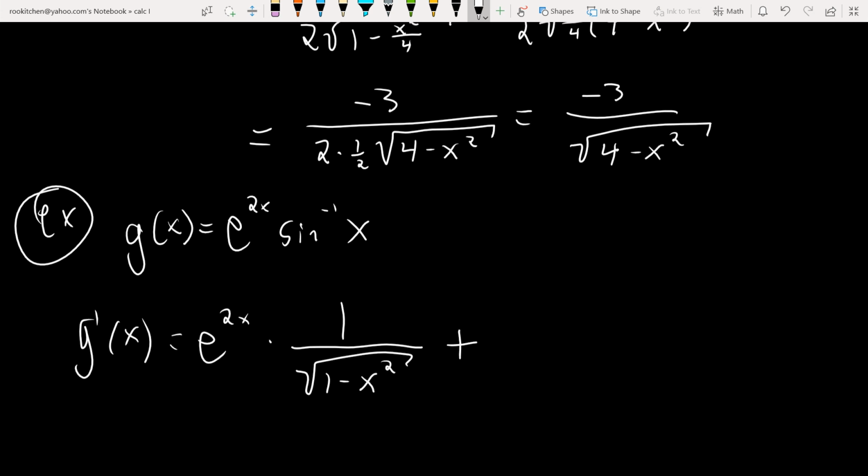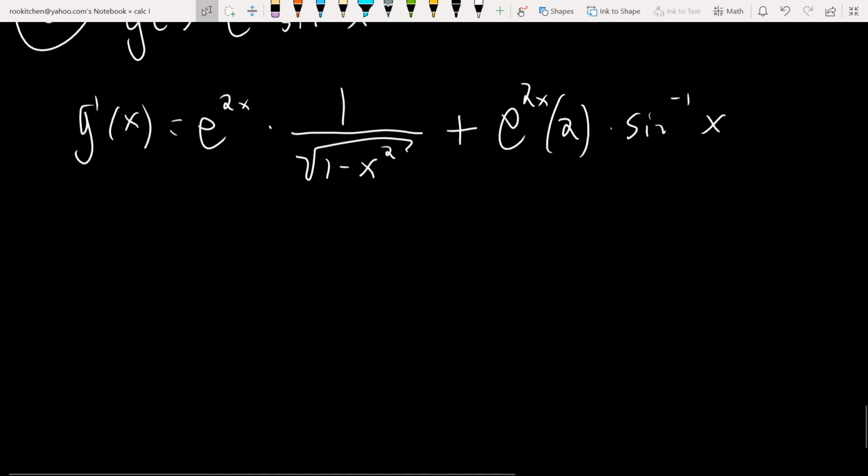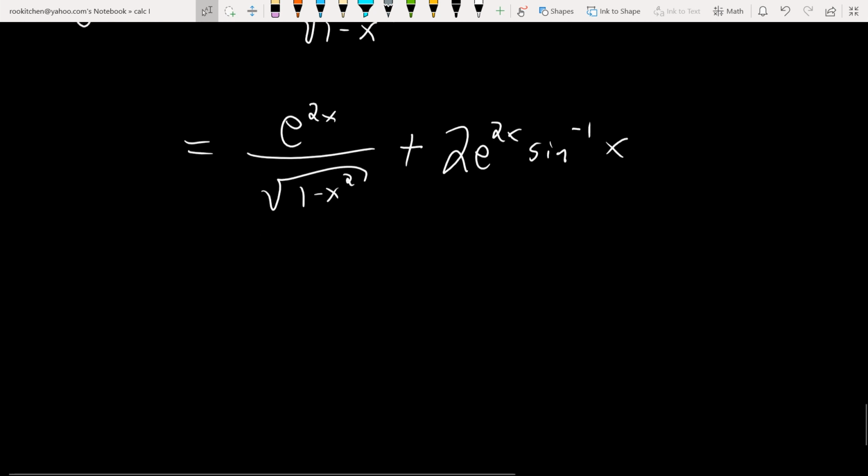And then plus, take the derivative of e to the 2x, that's e to the 2x right back, times 2, times sine inverse of x. Not much to do with regards to cleanup. e to the 2x all over the square root of 1 minus x squared plus 2e to the 2x sine inverse x. Okay. Let's try one more.